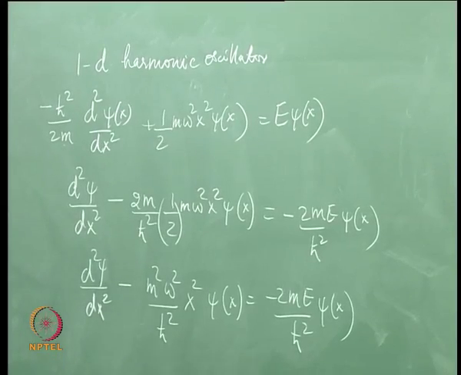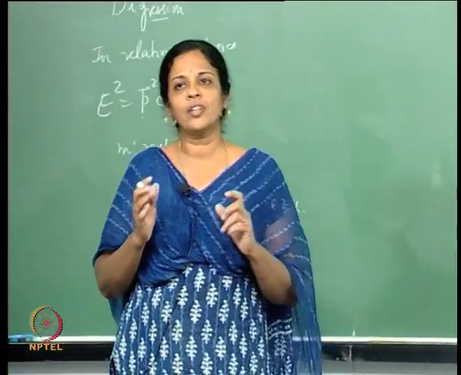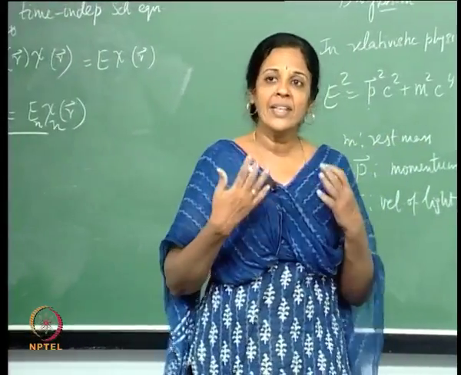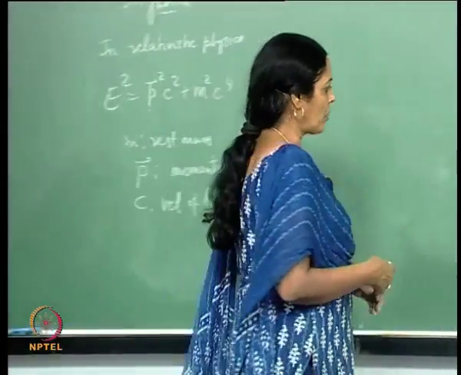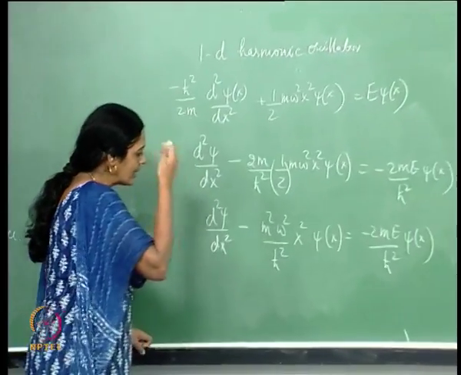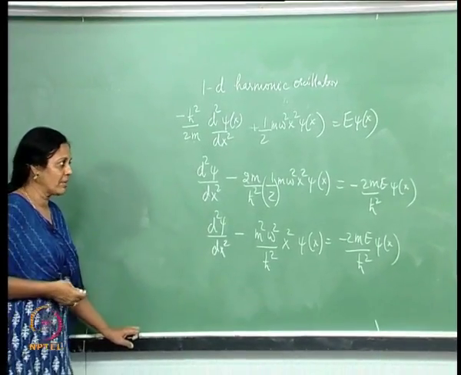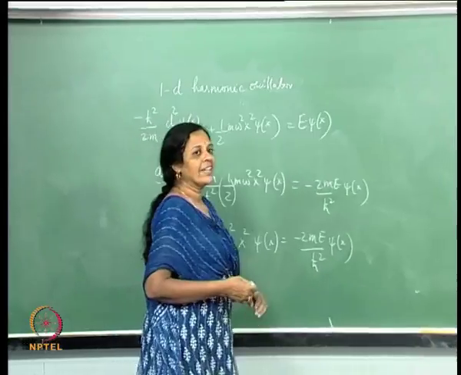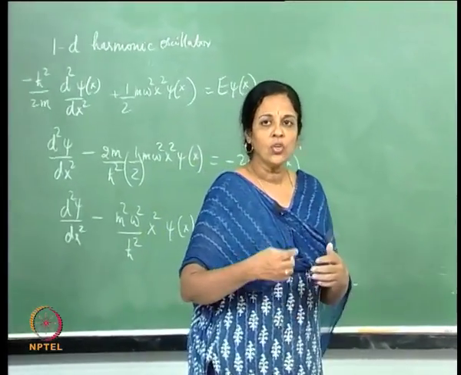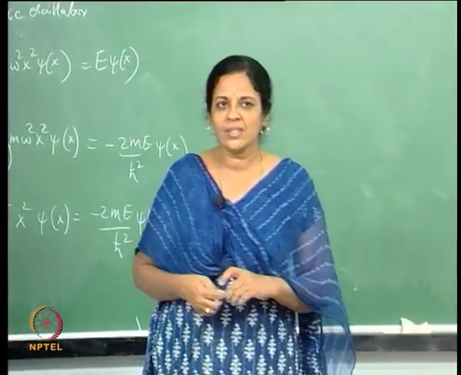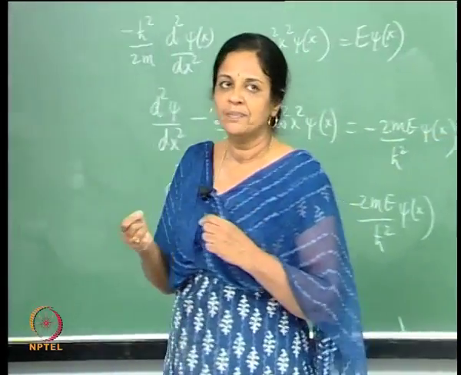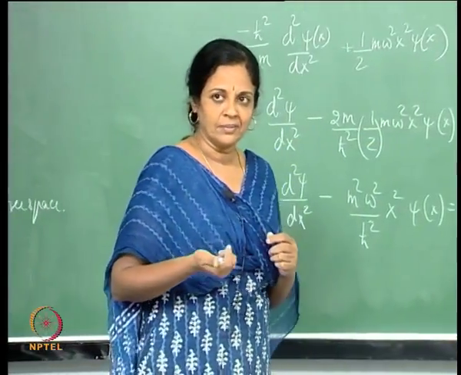When you solve these equations, it is always good to find out what is the natural length scale in the problem. You will recall that when I did this using the abstract operator method, I defined A and A dagger, the raising and lowering operators for the harmonic oscillator, and then we had X and P in terms of A and A dagger.